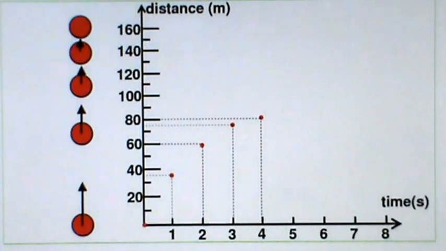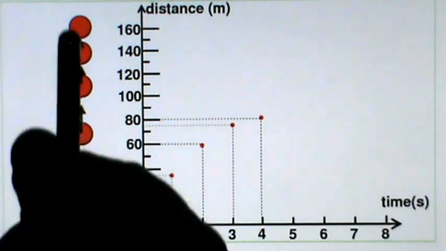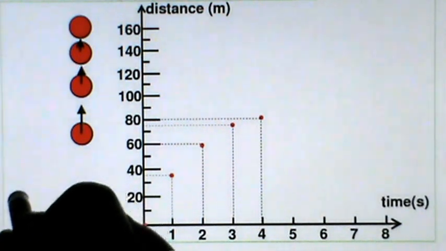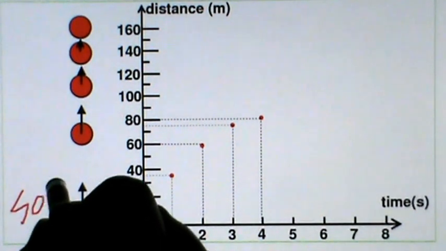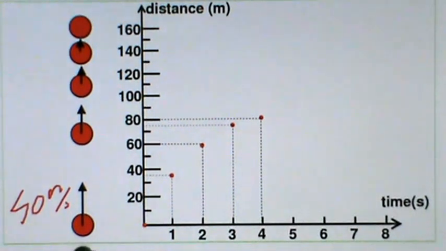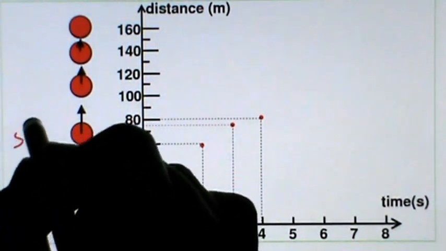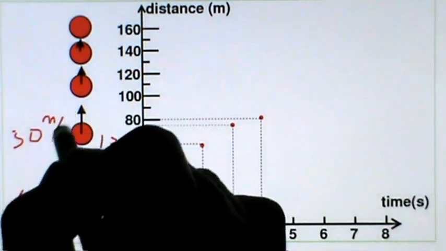Now let us see the distance versus time graph for the upward motion. Here we have an initial speed of the ball of 40 meters per second, and then after 1 second the speed will be 30 meters per second.